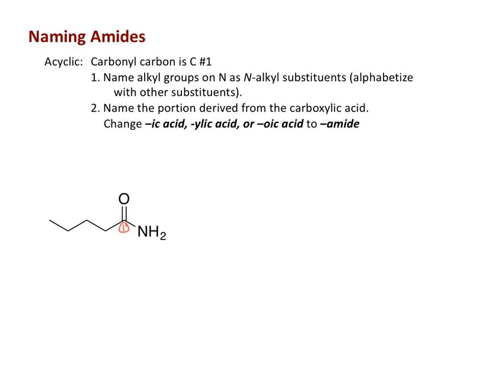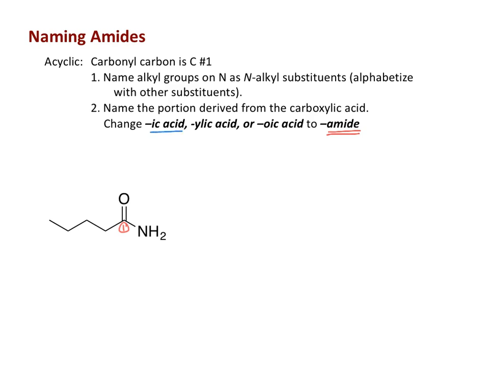Then for your ending, it's again based off of carboxylic acid. So we change the ending of the name to amide, but it's a little different than some of the other cases where before we've always just dropped the ic acid.